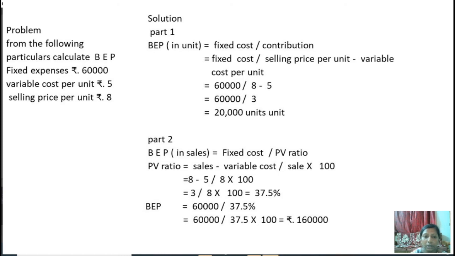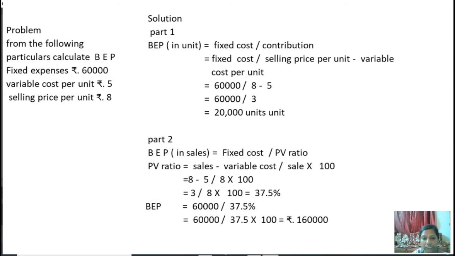After finding the value of the PV ratio, we now calculate the BEP. The BEP formula is fixed cost divided by PV ratio. The fixed cost amount 60,000 divided by the PV ratio 37.5%.